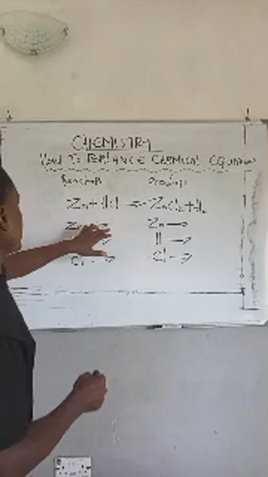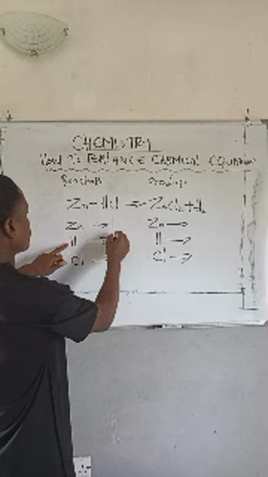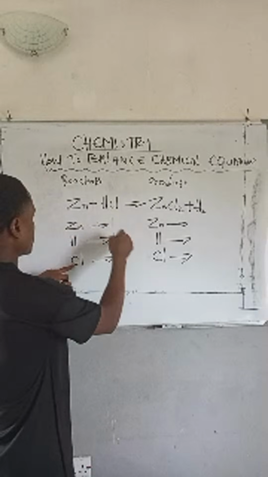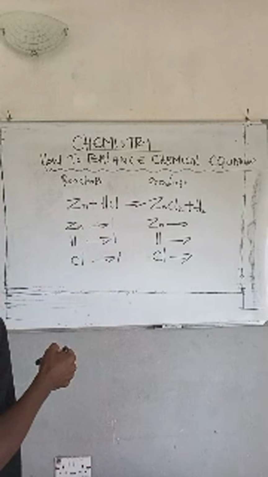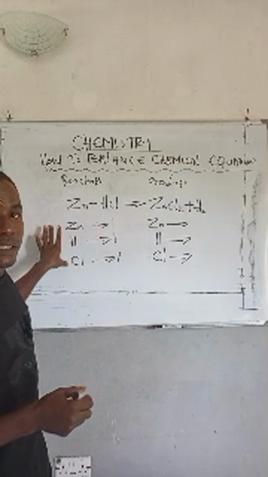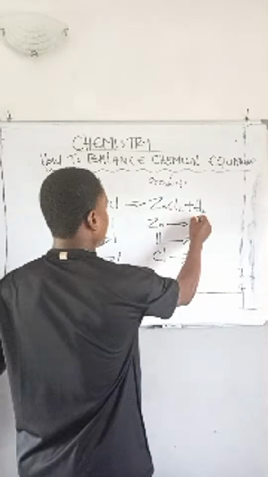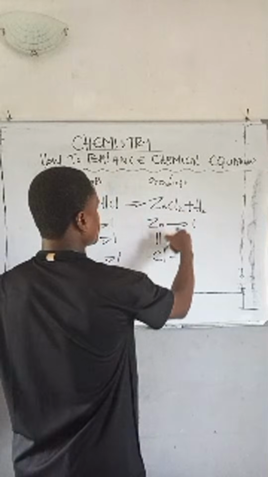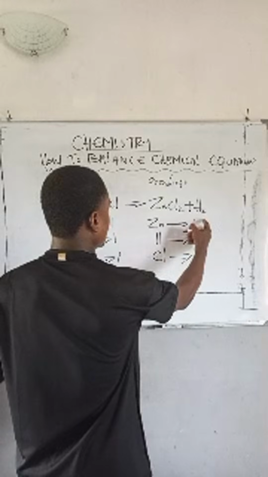So here is one. Then the second element is hydrogen, which is still one, right? Chlorine is still one, isn't it? We are done with the left side now. So let's come to the right side. Zinc here is one. Chlorine here is two, right? Hydrogen here is two.